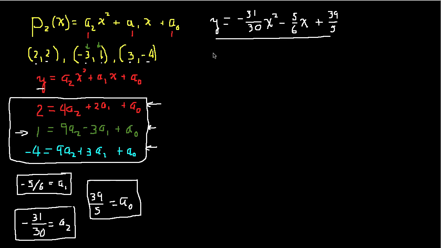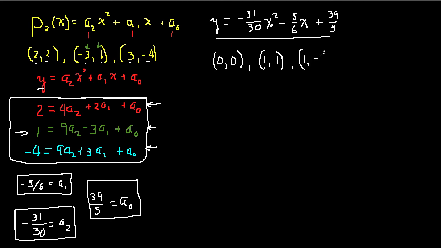For example, I could pick the point 0, 0. So that's going to mean it goes through the origin. I could pick the point x equal 1, y equal 1. And I could pick the point x equal 1, y equal negative 1.